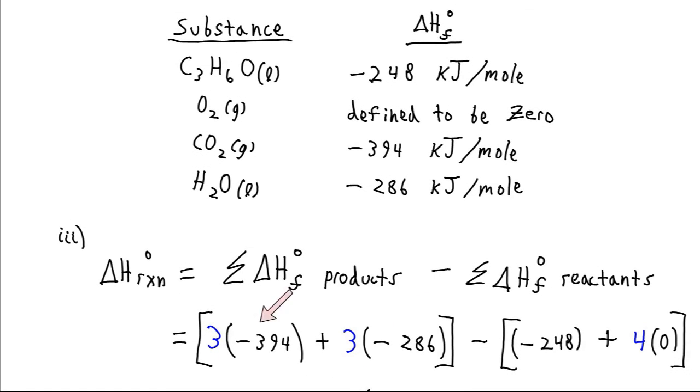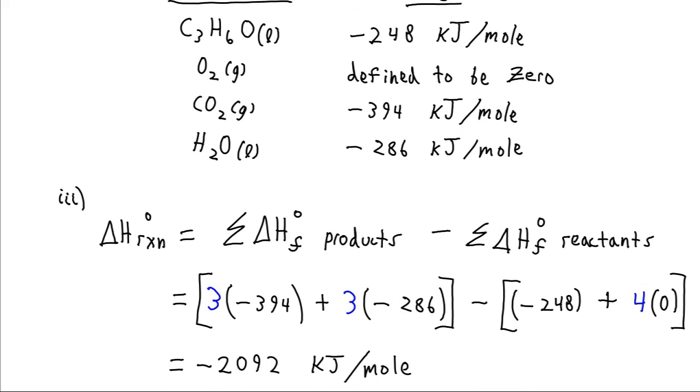So here's my H2O, here's my CO2s. And then I'm going to subtract everything from the reactant side. And we had 4 oxygens, and those were defined to be 0. And then we had our 1 acetone, which was minus 248. Crunch all this, and we get minus 2,092 kilojoules per mole. So this is a very exothermic reaction. That makes sense. Combustion reactions tend to be heavily exothermic.